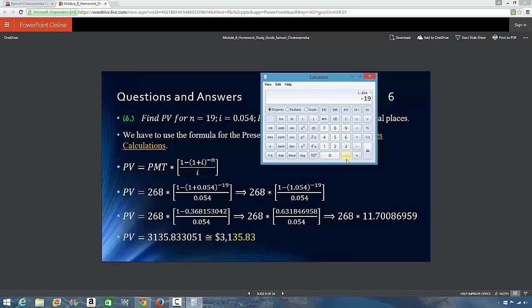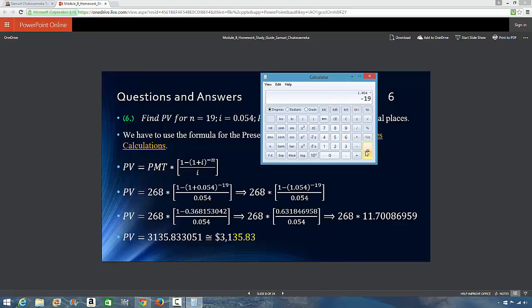You will get it wrong. You press 19, and then you press the plus minus. If you are using the calculator that has that minus, then you press it. But it depends on your calculator, because some calculators will require you to press this first before you press 19. So it depends on how your calculator works. I'm just using the calculator on the computer as a reference.